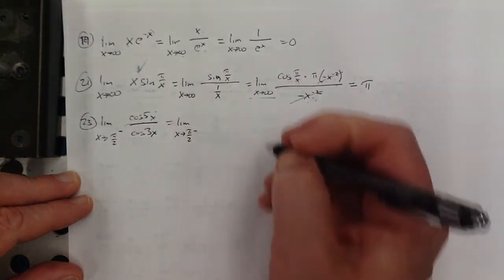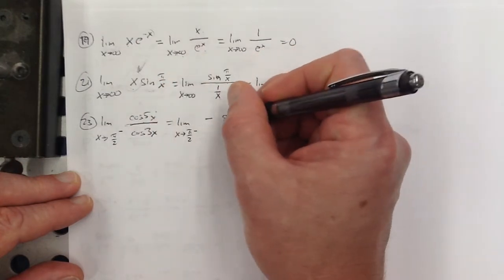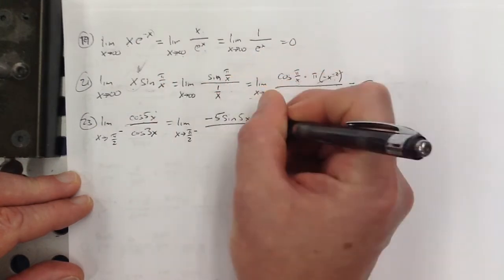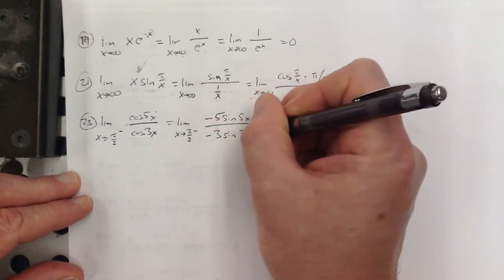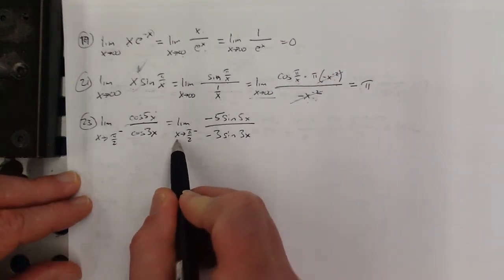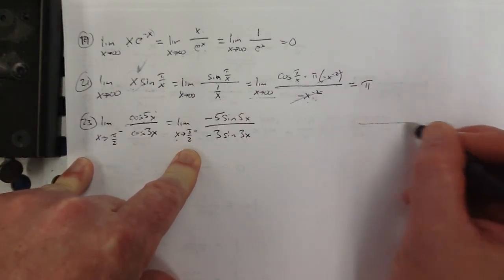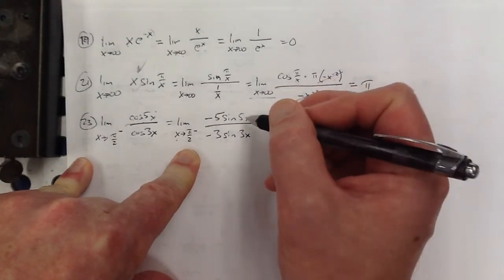So what's the derivative of cosine of 5x? Derivative of cosine of whatever is negative sine of whatever times the derivative of what's inside. And let's see, the sine of 5 pi over 2 is the same as the sine of pi over 2, which is 1.